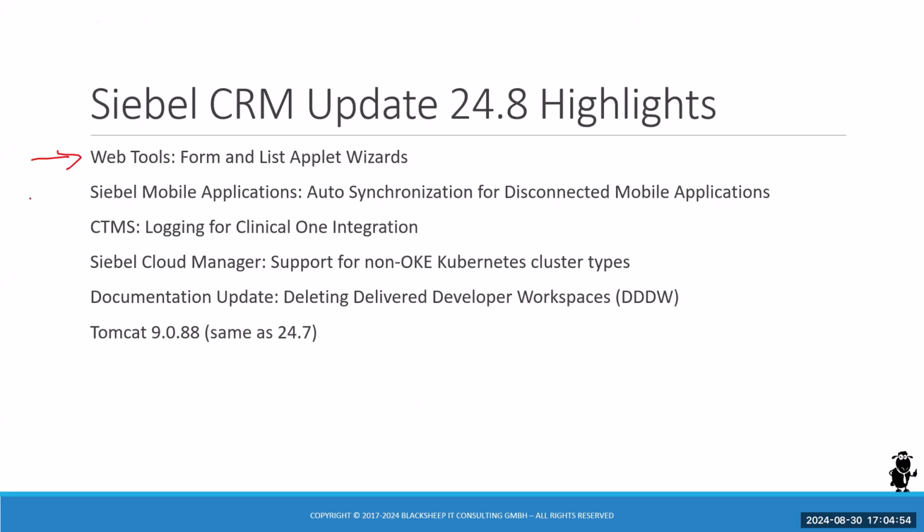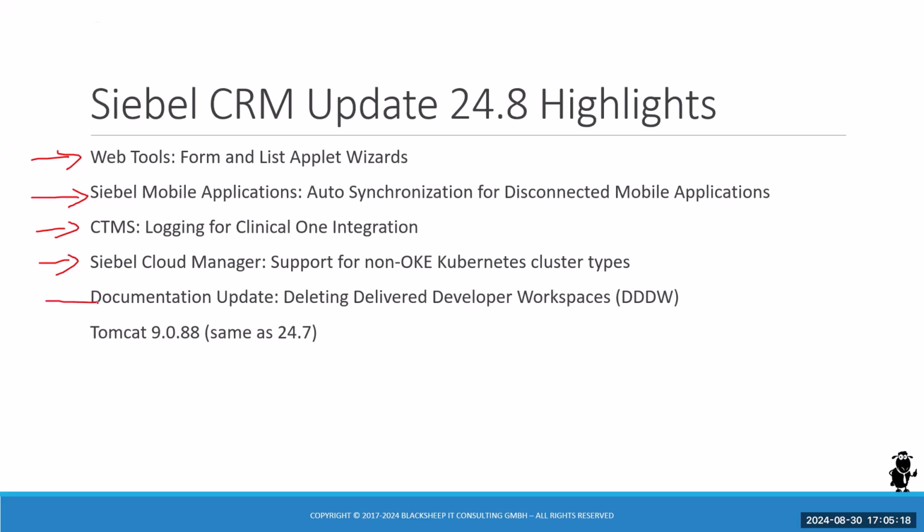There is some new auto sync for the disconnected mobile applications, some enhanced logging for CTMS for the clinical one integration, and great news from Siebel Cloud Manager as it now supports non-OKE Kubernetes cluster types, which we'll see what that means.